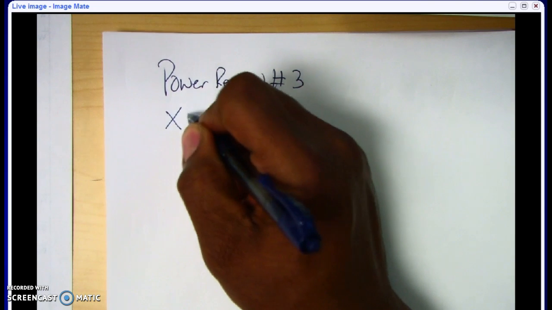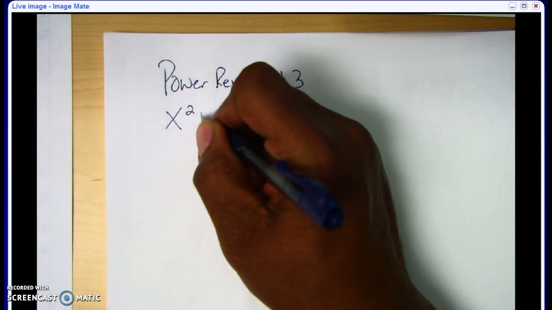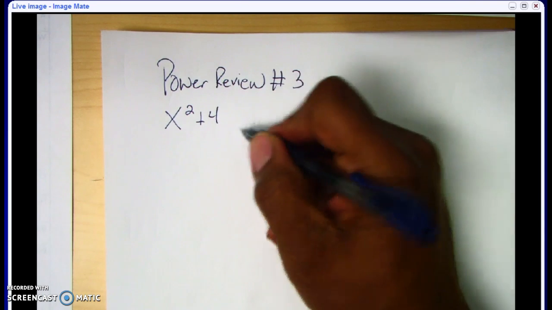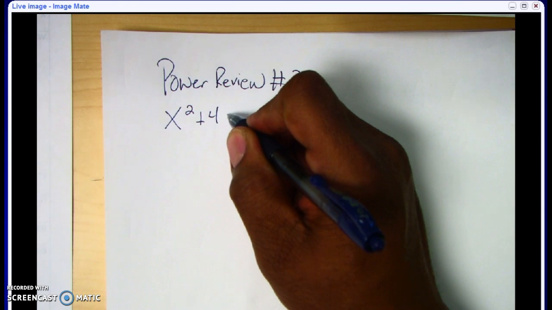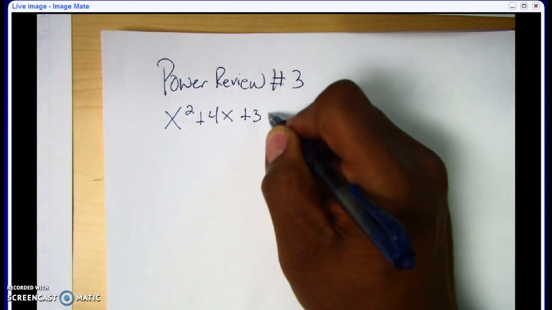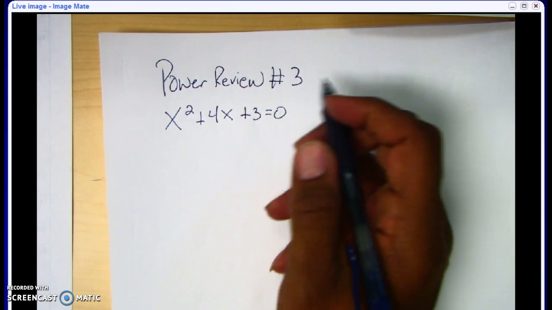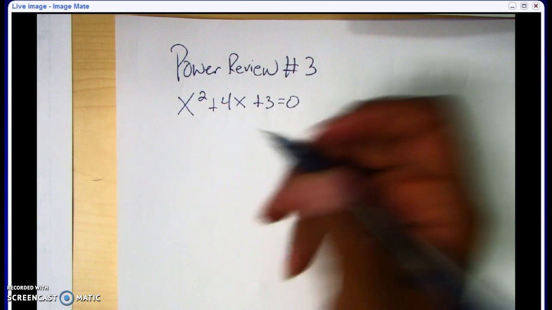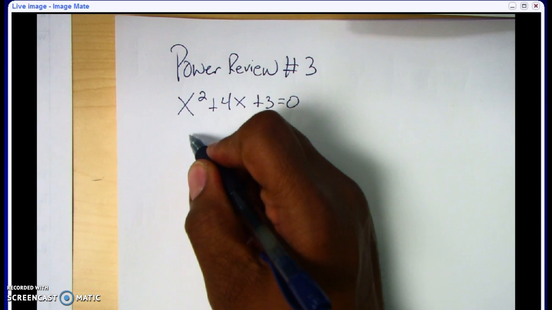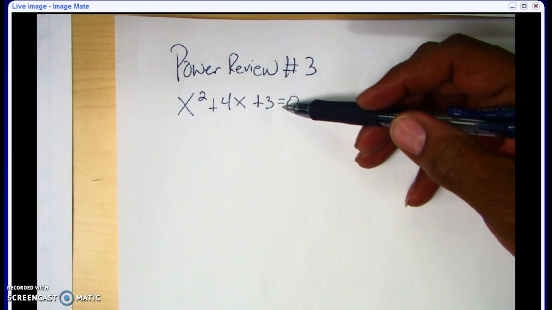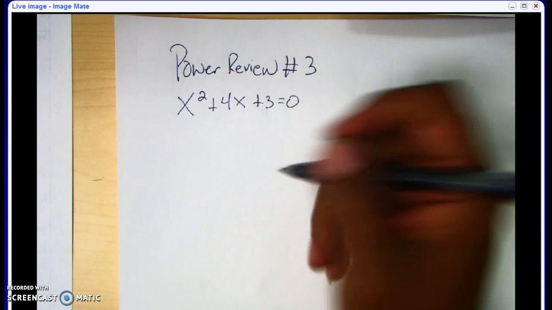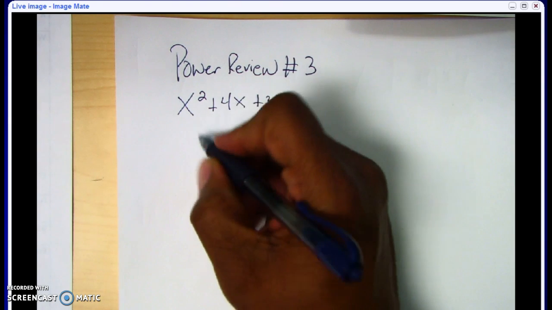So here's a little example that's easy to understand. Suppose it was x squared plus 4x plus 3 equal to 0. A solution or a zero can be obtained a couple different ways. You could either factor this or use the quadratic formula. I suggest whenever at all possible, factor.